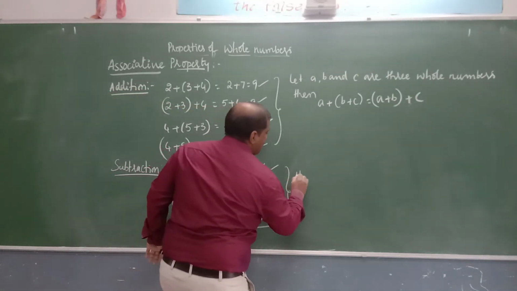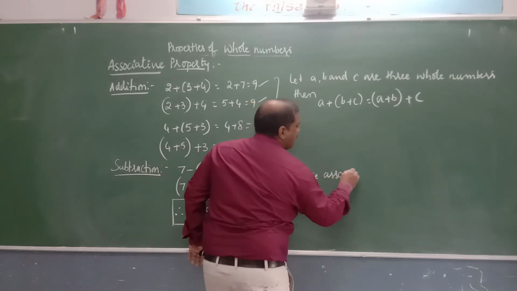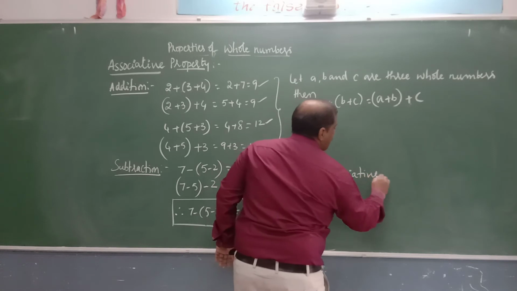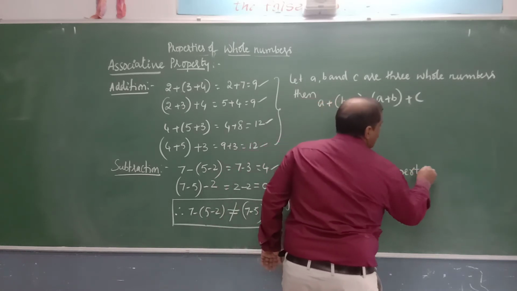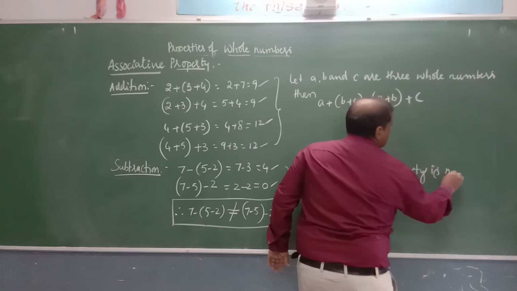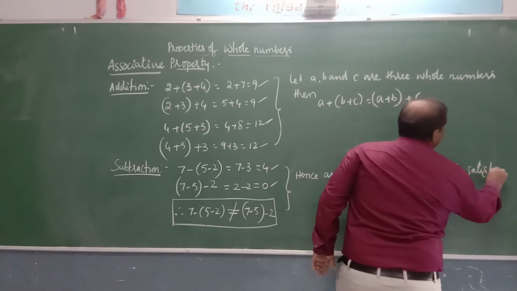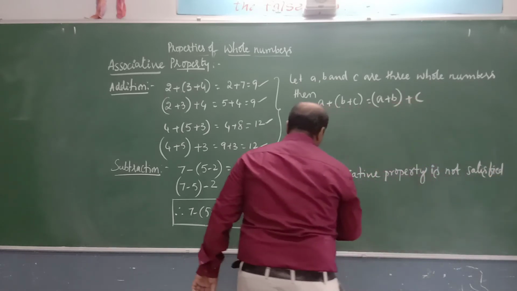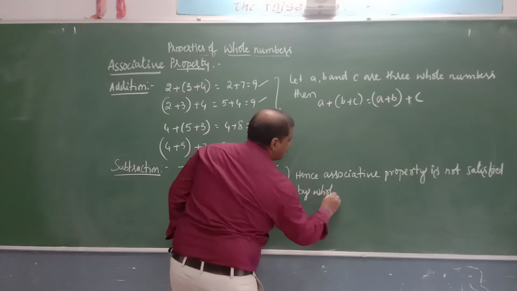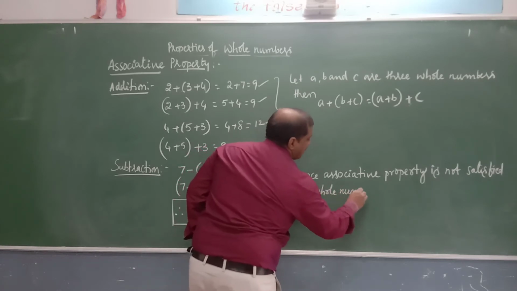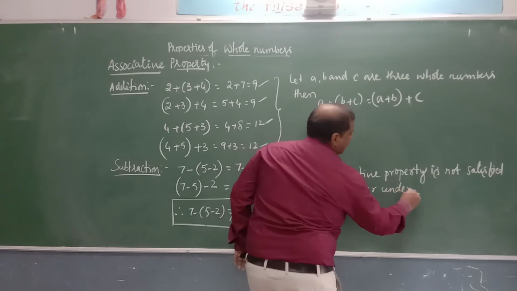Hence, associative property is not satisfied by whole numbers under subtraction.